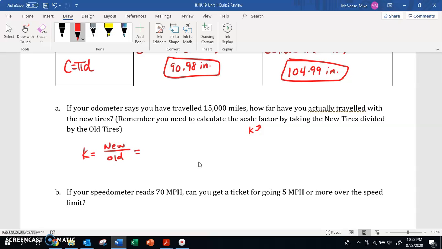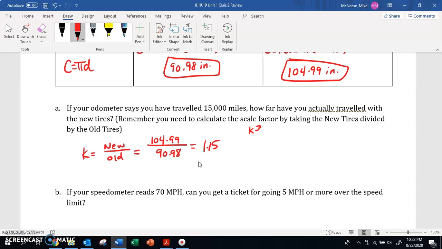New tires' circumference is 104.99, and old tires is 90.98, so for our scale factor we should get 1.15.